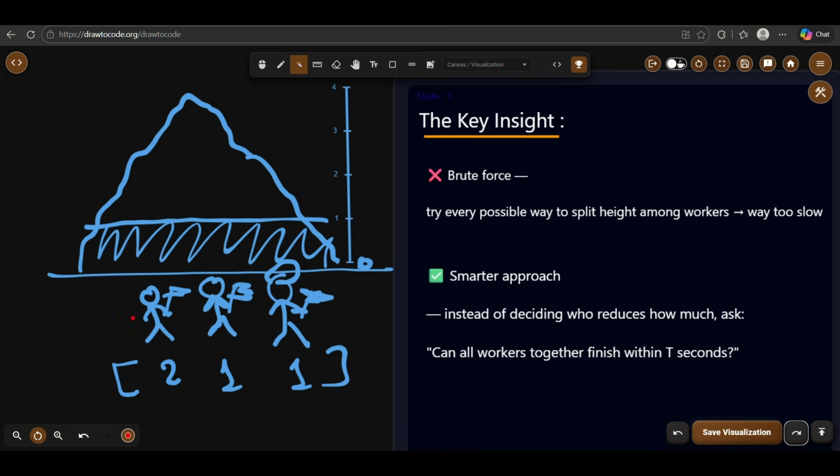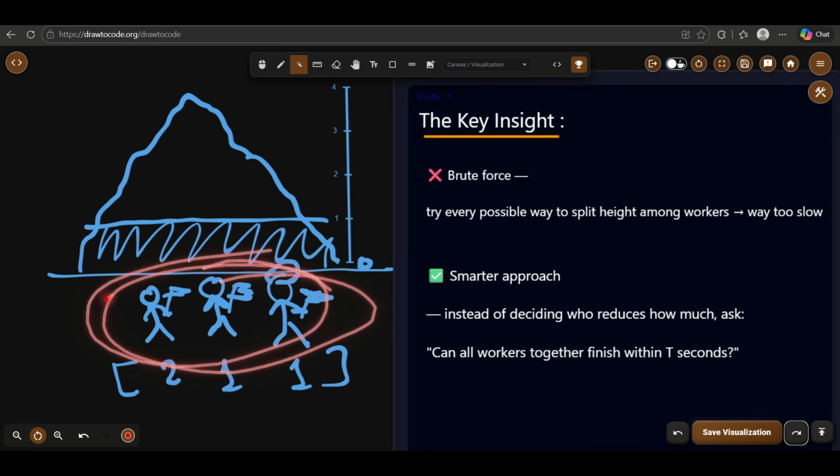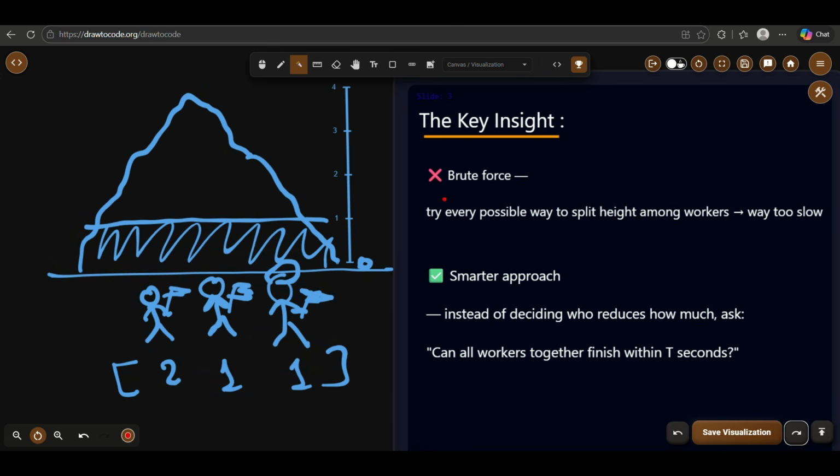If we ask, can all these workers chop this mountain in T seconds? This is the question which we will ask, instead of asking, can we split this mountain height among them? So the question is, how to find this T seconds?